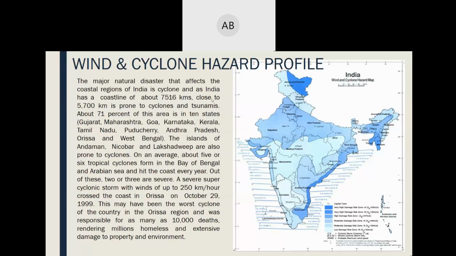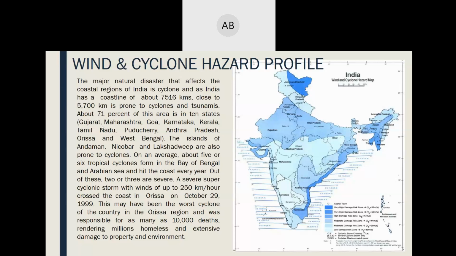Out of that length of coastline, about 5,700 kilometers is prone to cyclones and tsunamis. So it is not only cyclones, but you have a risk from tsunamis as well. That amounts to about 71%.